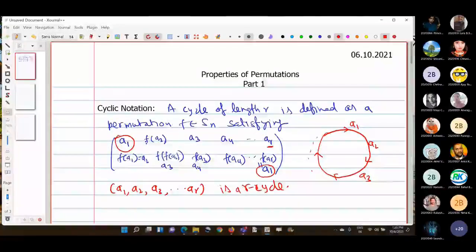So none of them is repeating, that is, they are distinct. The ai are distinct: ai is not equal to aj for all i and j. So this should be noted. So this is called an r cycle. Okay. And then we also mentioned yesterday that a cycle of length 2 is called a transposition.